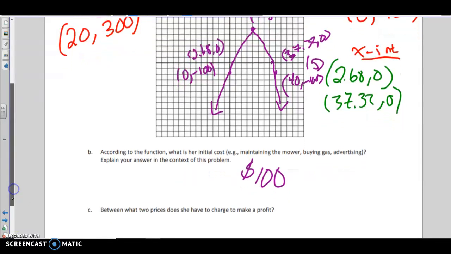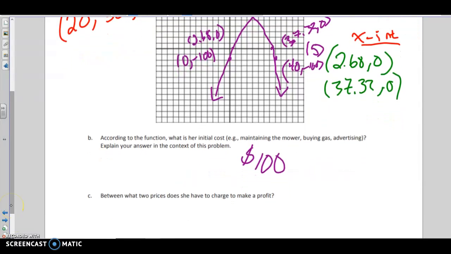Between what prices does she make a profit? This is where our x-intercepts come into play. Because this is a profit equation, wherever the graph is above the x-axis, that's going to be profit. And whenever it's below the x-axis, that's going to be loss.